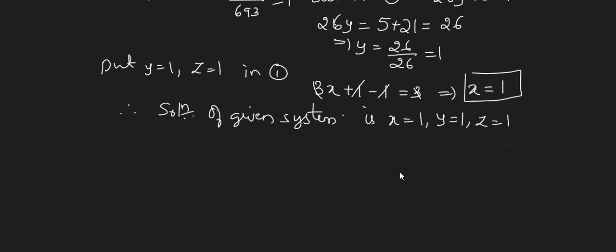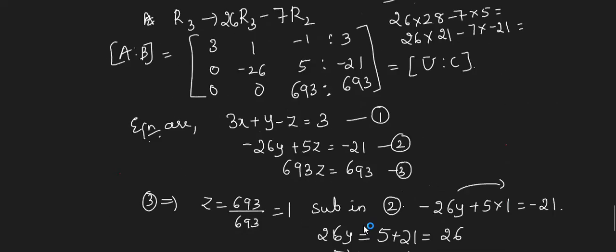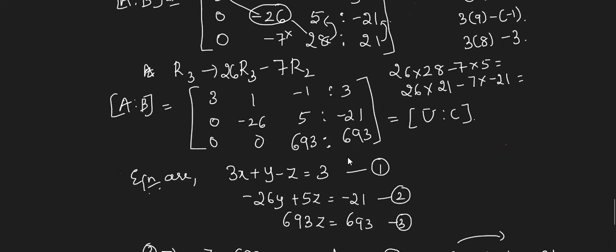Any doubts? Hopefully no. Ma'am, can you explain where that 693 came from? Where do you want it, here or here or both? Both, please. I'll tell you both. See, this has come in this place. I am applying the operation for R3, so R3 and R2 elements.